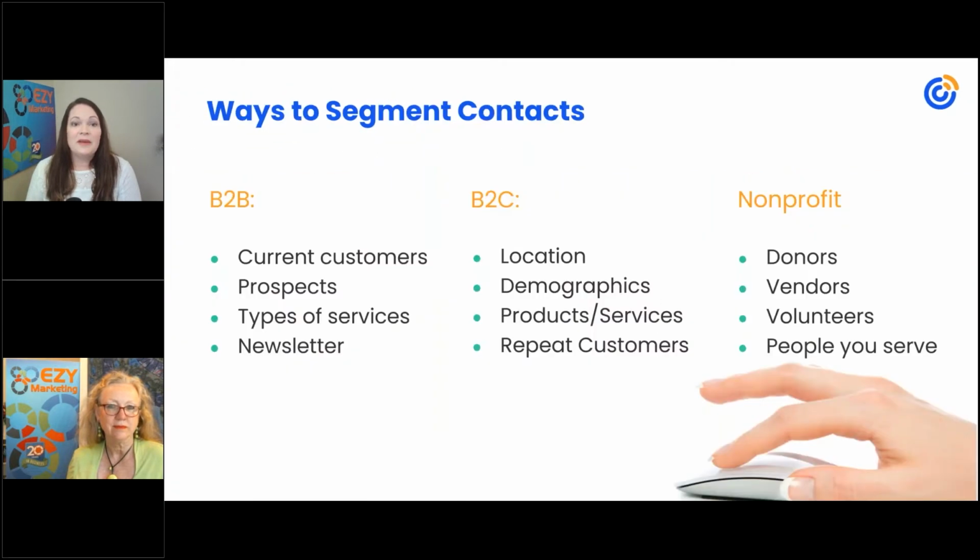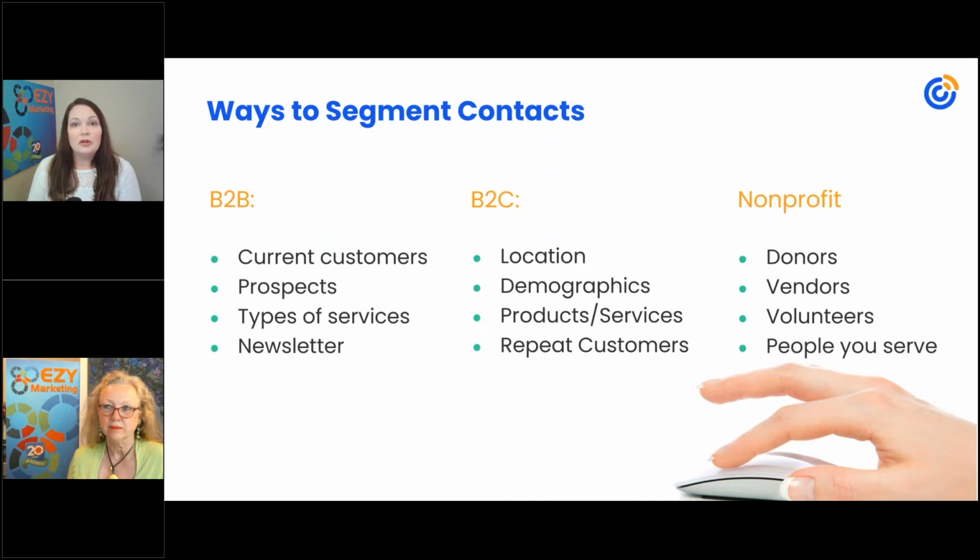Let's say you're in a B2B industry, you might choose to segment your list based on current customers versus prospects because they need and want different information. For both business and consumers, we definitely recommend segmenting the different types of goods and services that you offer.